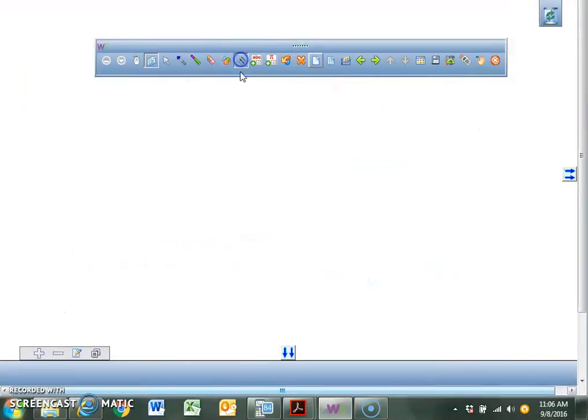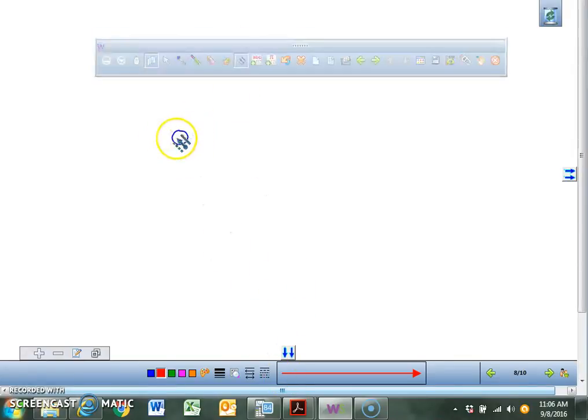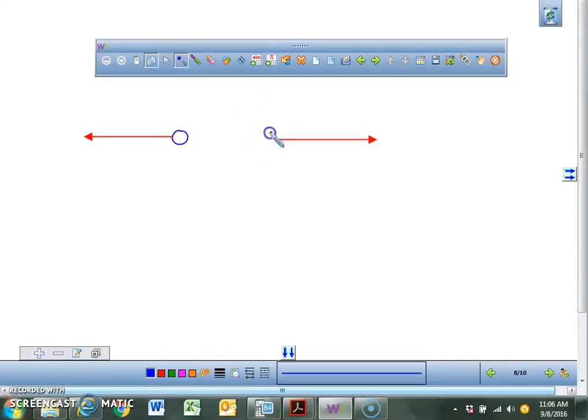If you see your graph has a filled in circle, or I'll just do arrows. If you're going one way or another way, like this, if your graph looks something like this, or they're both filled in, you're going to have the absolute value of x is greater than some number.